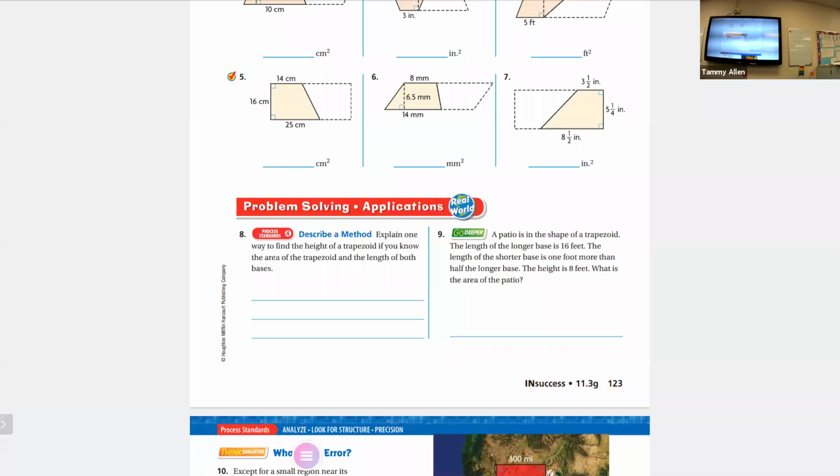All right, before you get too involved in this, let's see if we have the right measurements. I'm assuming that you circled 16, 8, 1 foot, half. Anything else?